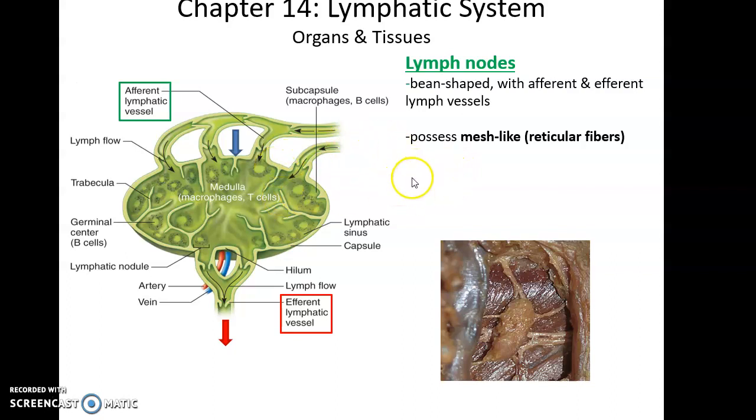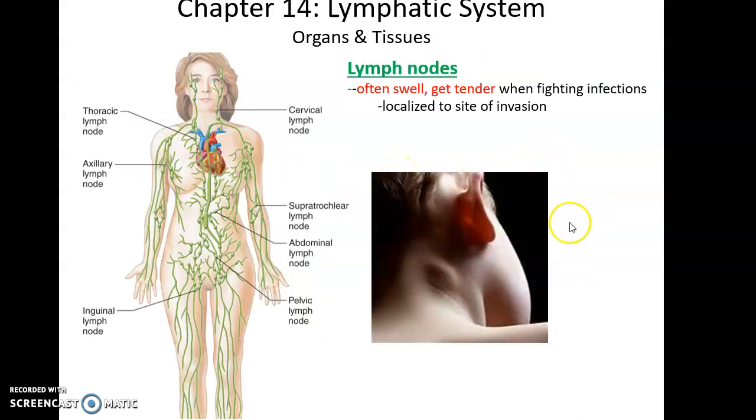And so this is a way to try to isolate those pathogens. So again, lymph nodes often get swollen and tender when you are fighting an infection because more fluids and more white blood cells, leukocytes, will arrive to deal with that infection.